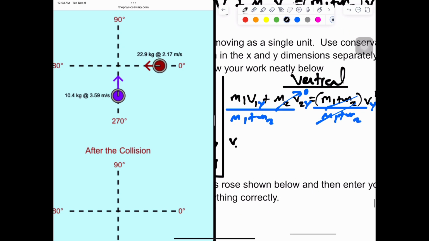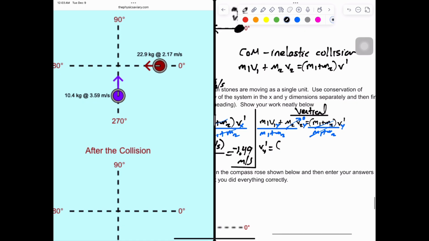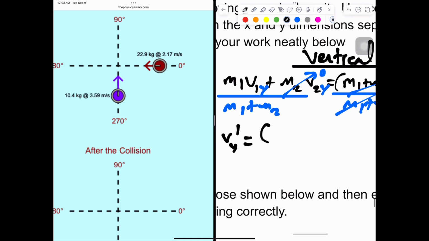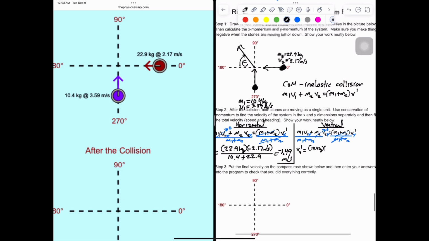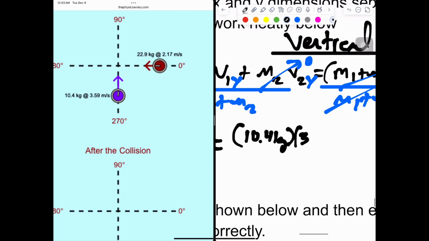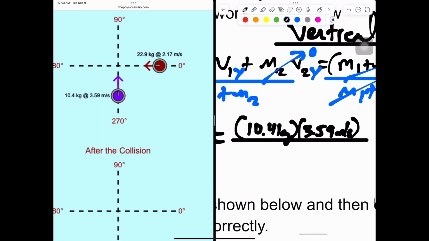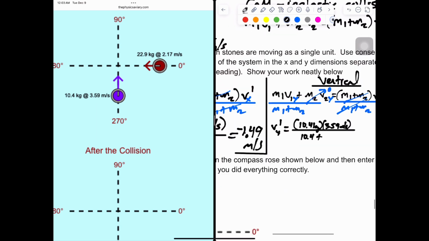Okay, and so Vy prime is going to be M1, which was 10.4 kilograms, times V1, 3.59. Since it's going upwards, we'll consider that positive velocity, divided by the sum of the masses again, which would be 10.4 plus 22.9.